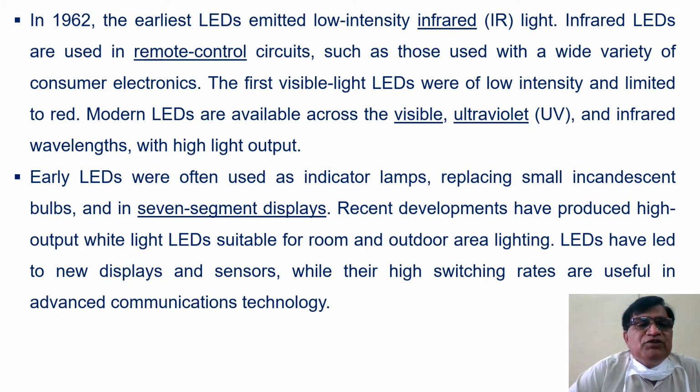Earlier we were using the normal bulb, say a 40-watt, 60-watt or 100-watt bulb in our study room or bedroom. Then came the concept of the tube light, which was based on the fluorescence concept. Nowadays we are using LED devices, LED bulbs, LED tube lights.